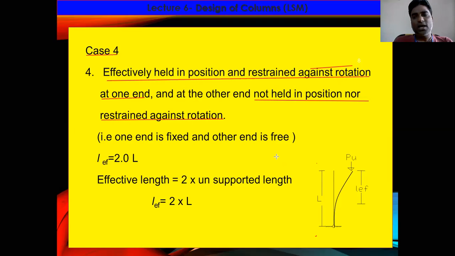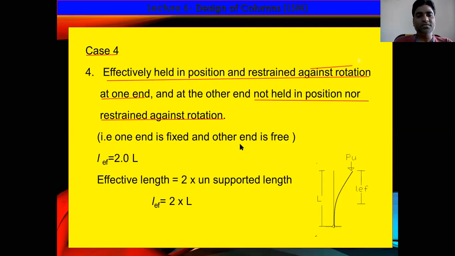Sometimes they will not directly say whether it is a fixed, free or hinged support. Effectively held in position and restrained against rotation means the position of the support is not changing and it is not allowed to rotate, so the support is fixed. The other end, not held in position and not restrained against rotation, means it is free.